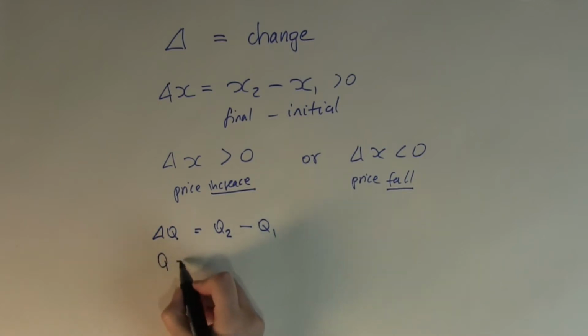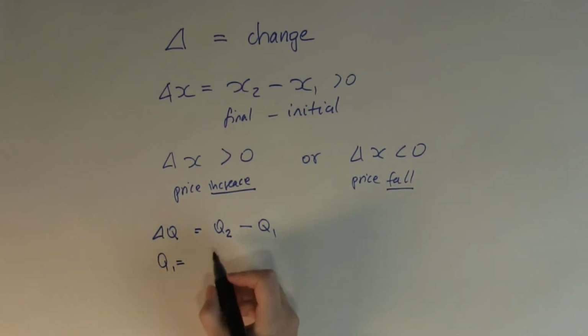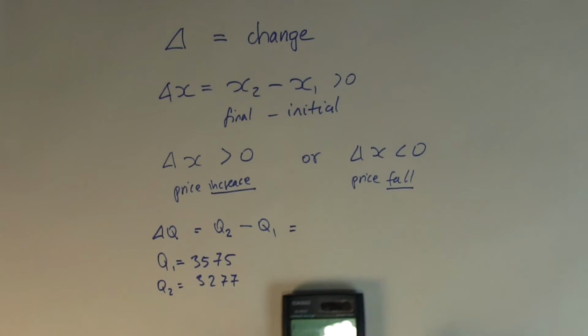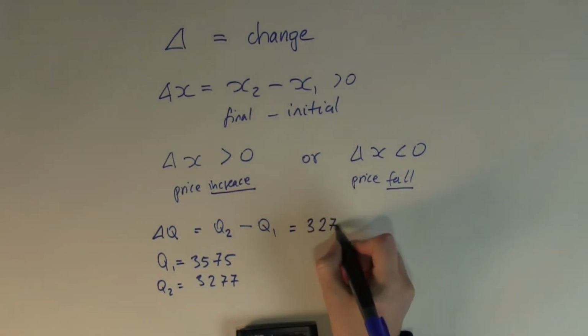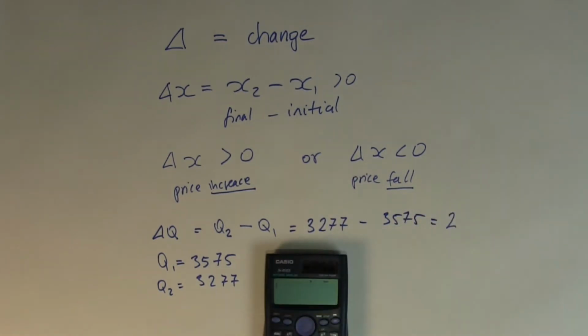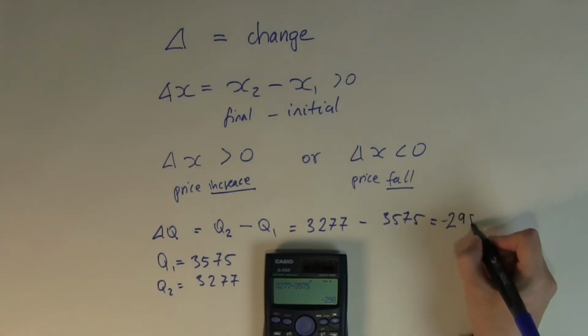So the initial quantity was 3,575 and the final quantity is 3,277. So the change will be, picking up the calculator, just quickly type in 3277 minus 3575. 3,277 minus 3,575 is equal to minus 298.